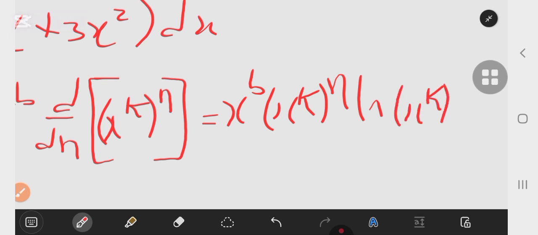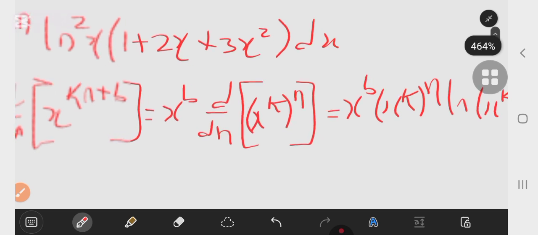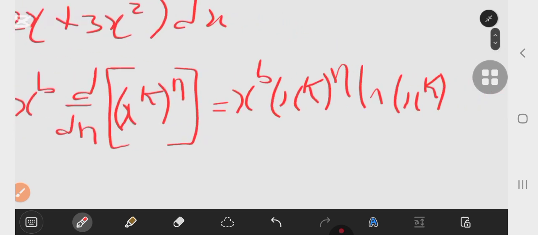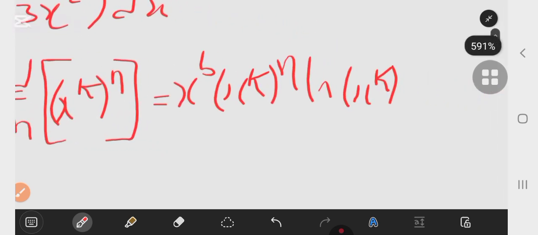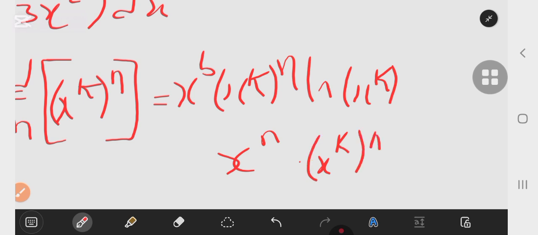Now there's no big difference between what I did here and what I did in the other sum. It's just that the other time it was only x to the power of n, but this time it is x to the power of kn. That's why there are changes here.